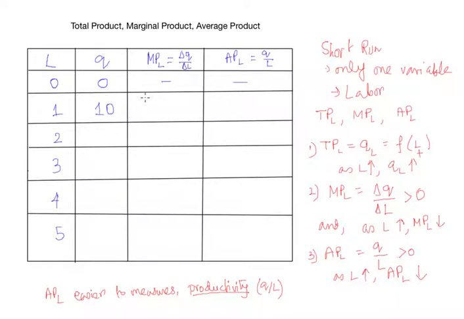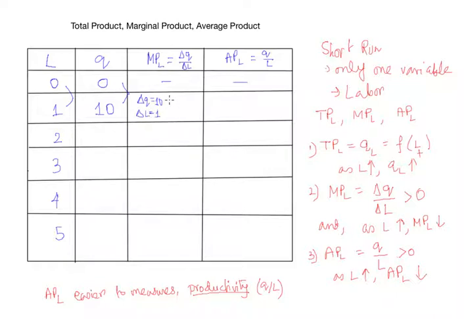Now what is the marginal product of this 1 unit of labor? That is, by how much does output go up when labor changes by 1 unit? So basically delta Q, the output, changes by 10, and our delta L, the increase in labor, is 1.